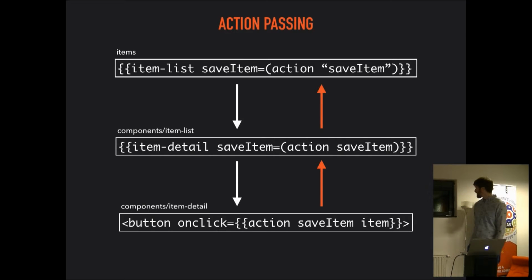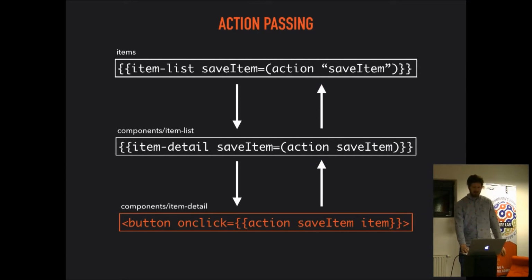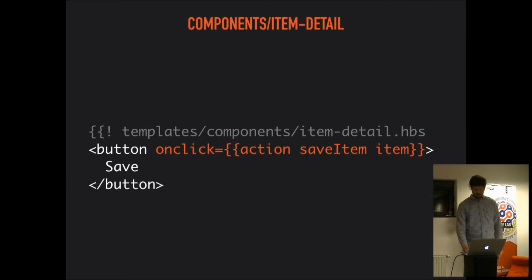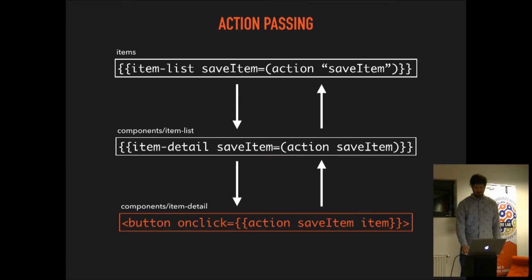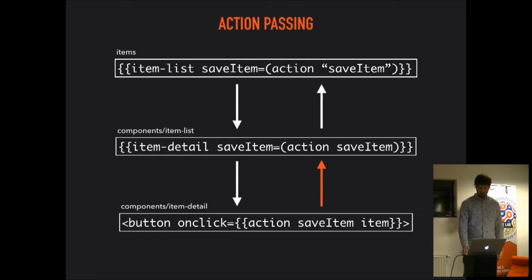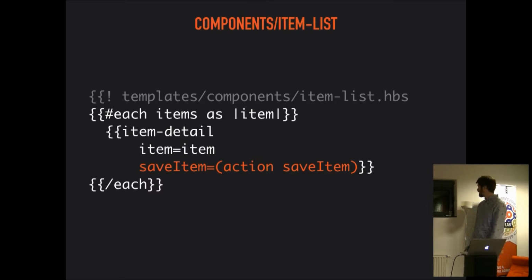So now we want to go back up again, see how that works. When we click on the button, then the action is called, and we bubble up because we didn't have to define anything in our component file. So we go up, and then we get here, and we again just pass through the action.